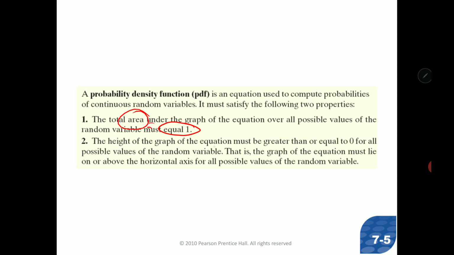The height of the graph of the equation must be greater than or equal to 0. If you remember your rules of probability, your probability must be greater than or equal to 0, and the sum of all the probabilities, so the total area, must equal 1. So this follows along with your probability rules.